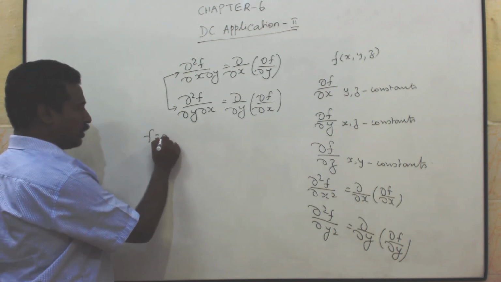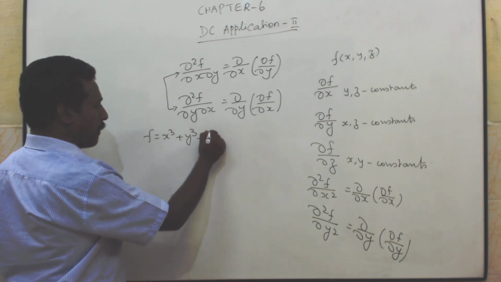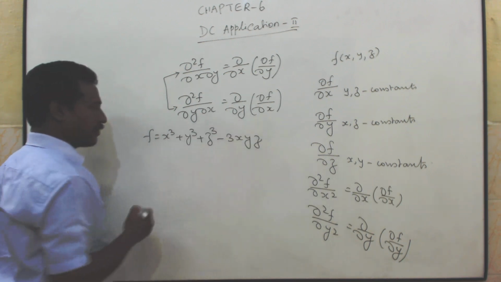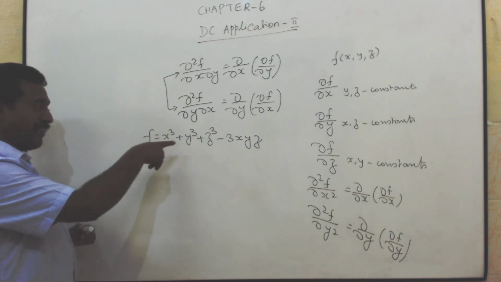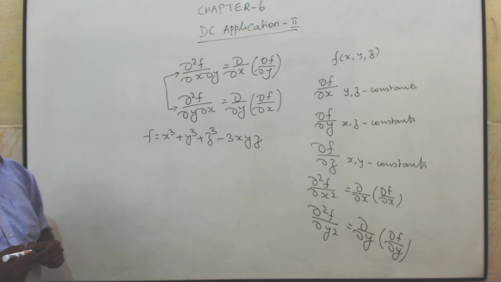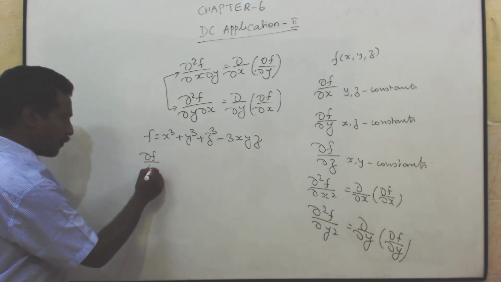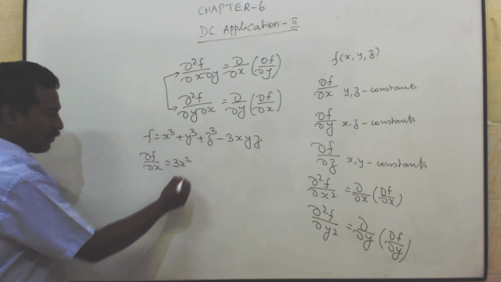F is equal to x cube plus y cube plus z cube minus 3xyz. Here f having 3 variables. Dou f by dou x, x cube differentiate, we get 3x square.